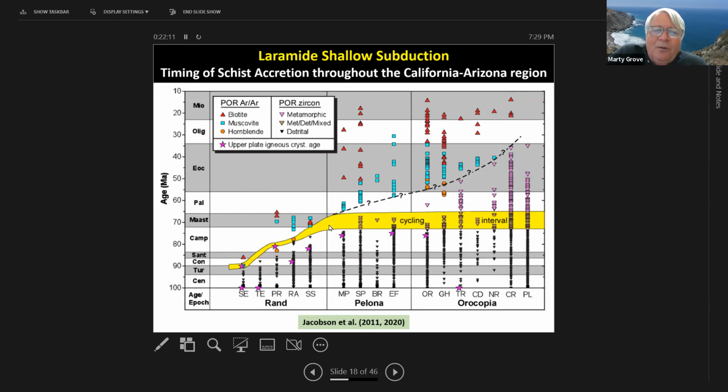And so there's on the order of about 15 to 20 million years between the time at which we first see accreted schist beneath the magmatic arc and when it reaches the central and eastern parts of Southern California.